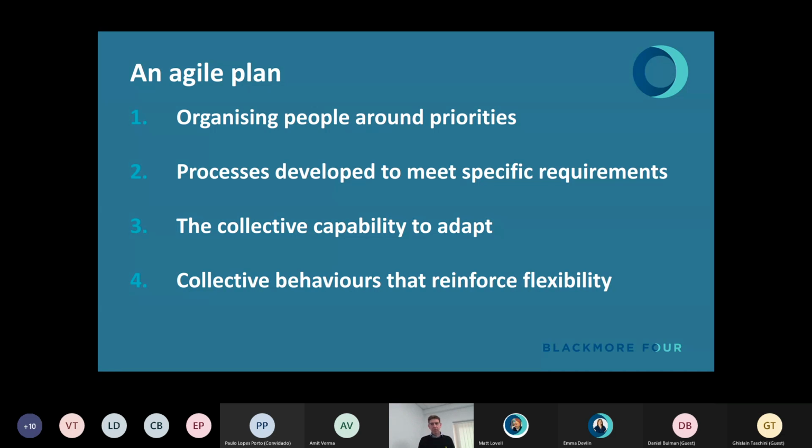And so each of these component pieces, whether it be about your structure, processes you've developed, the capabilities or the behaviours within the organisation, all need to be geared around the fact that those priorities are likely to change much more rapidly than they perhaps ever have.